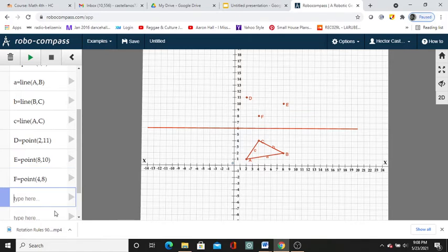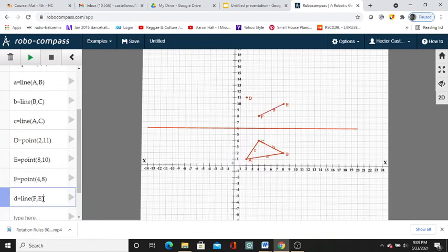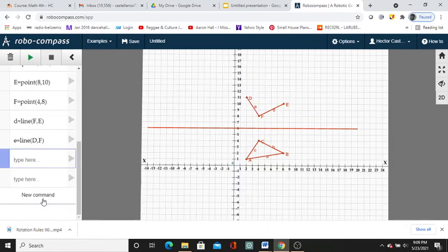Now I'm going to join those sides to represent this triangle, which is the image. So I get the line D and F, the line D and E, and the line E and F. So you have that triangle.